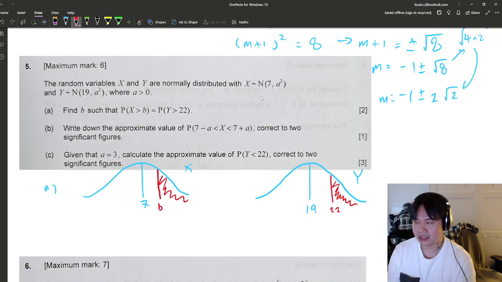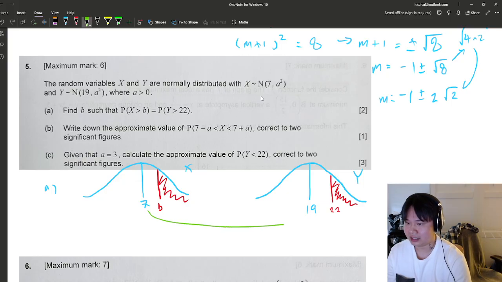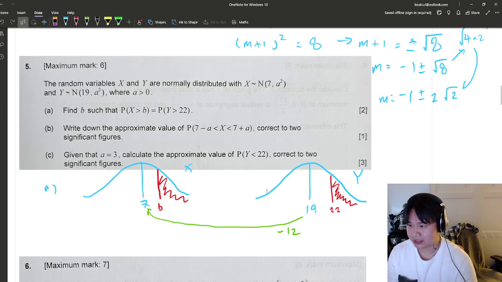But because they have the same standard deviation, that means that from 7 to 19, let's go backwards, from 19 to 7, that's a difference of minus 12, I want to say. And so they have the exact same probabilities in the exact same places.